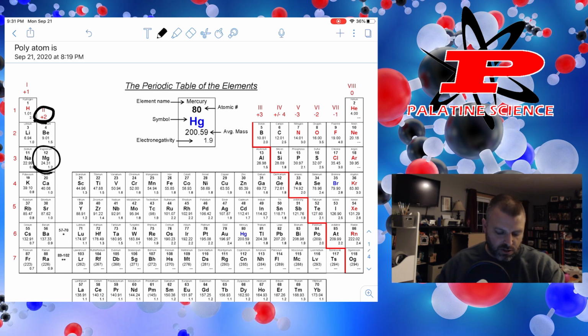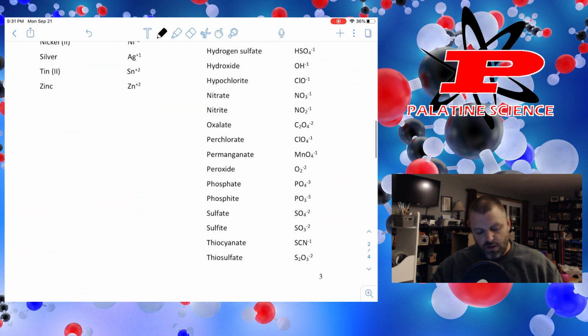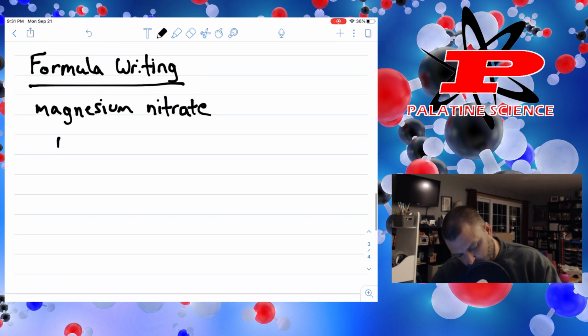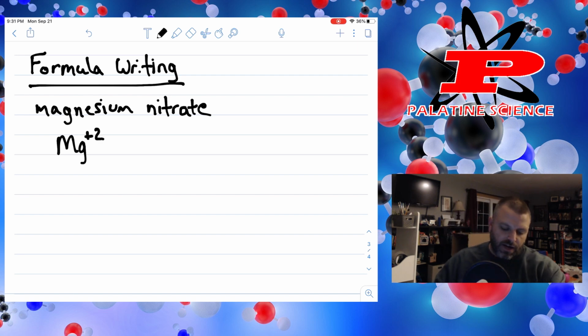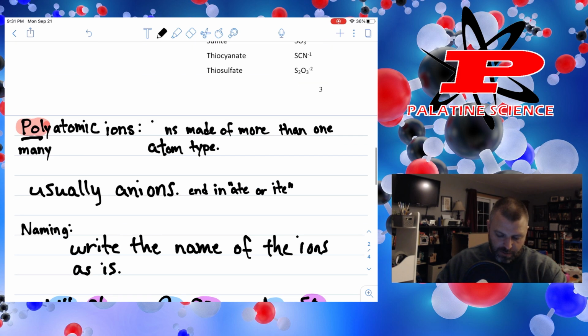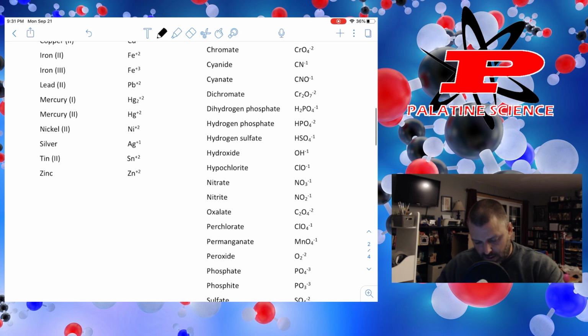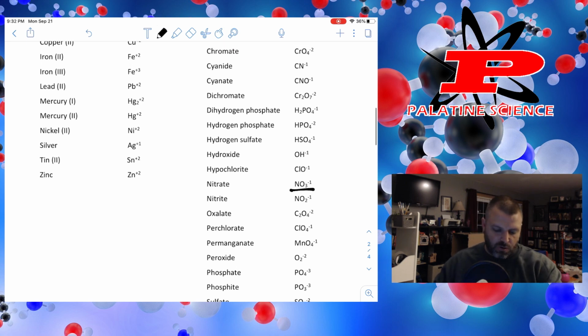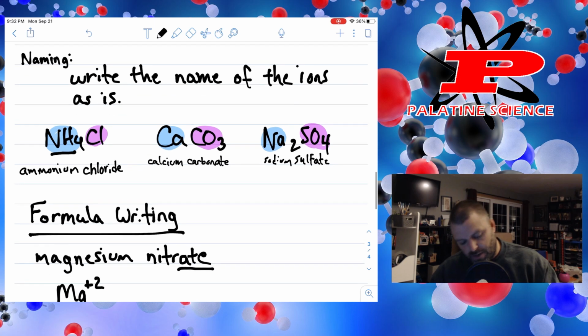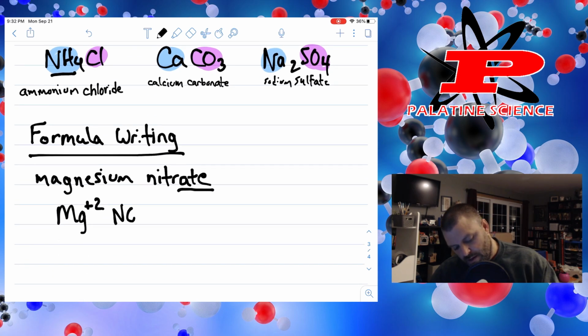It has a +2 charge. And so we write our ion here, Mg +2. Okay, and now we look up our anion. Now this is a dead giveaway that it is a polyatomic because it ends in -ate. So that means we need to go to our common ions list and we look up nitrate, and you get NO3 -1. All right, so I write down my NO3 -1.